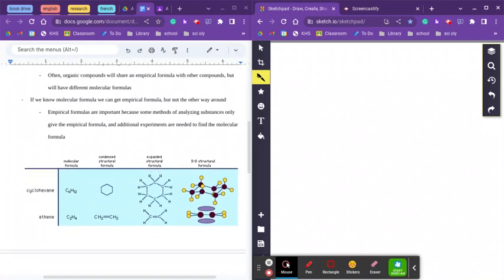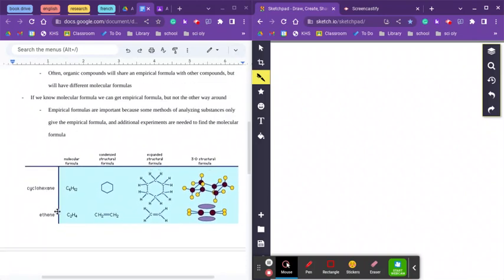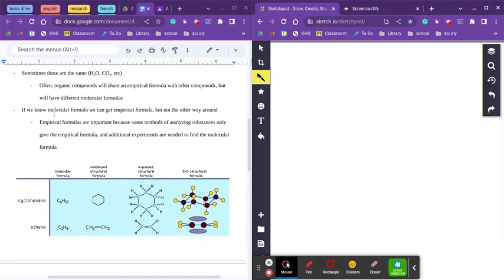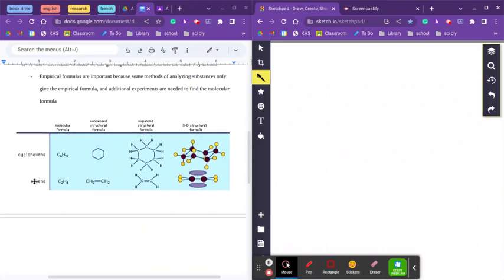Sometimes substances will have the same empirical formula as each other, but different molecular formulas. So when we find an empirical formula, that's not definitive enough to tell us what the substance is. For example, we have cyclohexane and ethene. Cyclohexane is obviously a very different chemical.